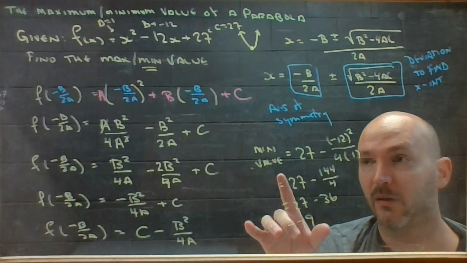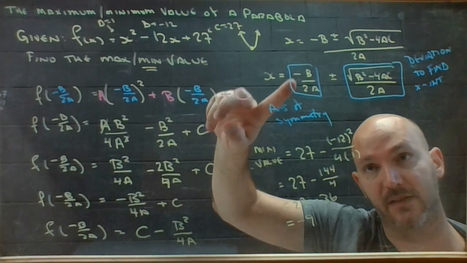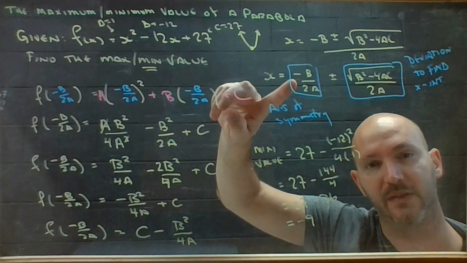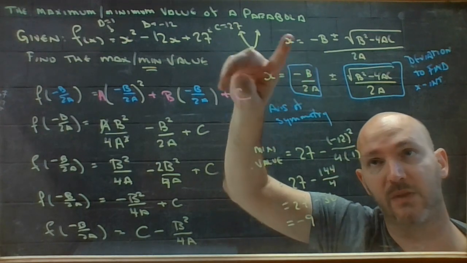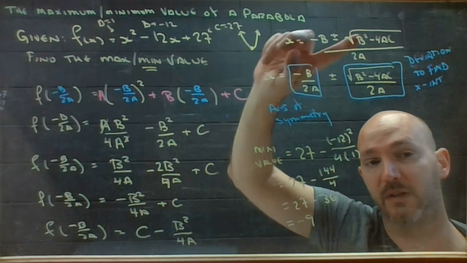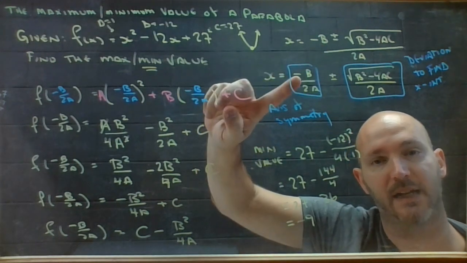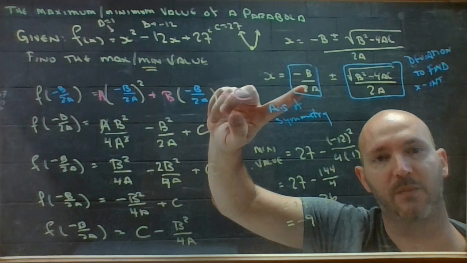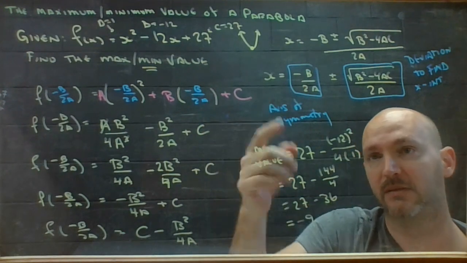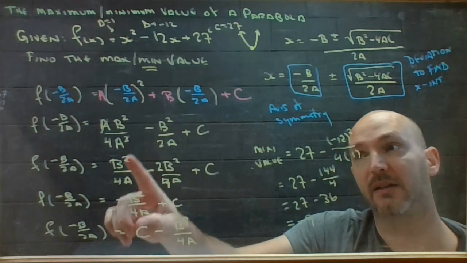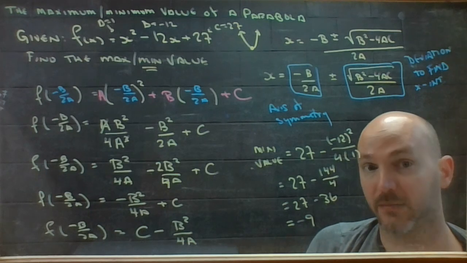Well, with a little bit of thinking and a general case where I used the coefficients instead of specific numbers, I was able to use the quadratic formula, which we know works, to find where the axis of symmetry would be, and hence the x value of the vertex of any parabola. And then I plunked it in there to end up generating a formula for the max min value of any parabola.